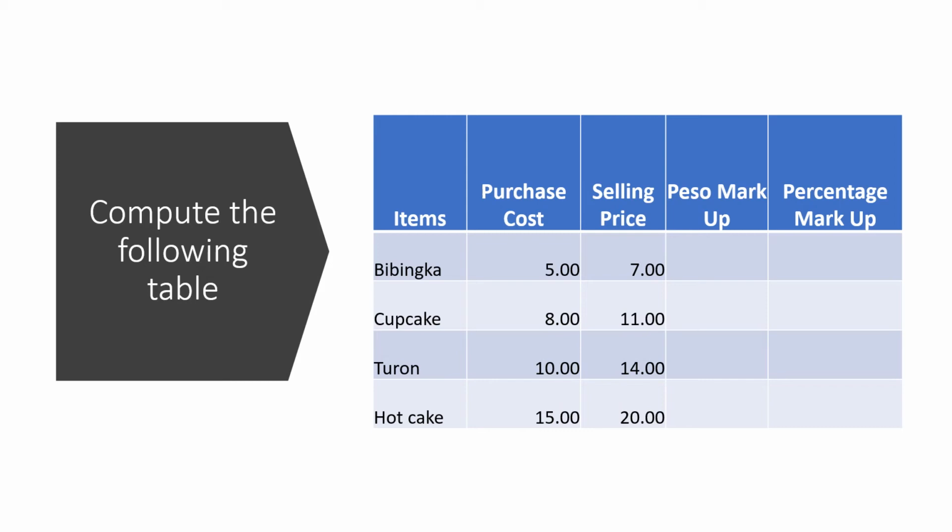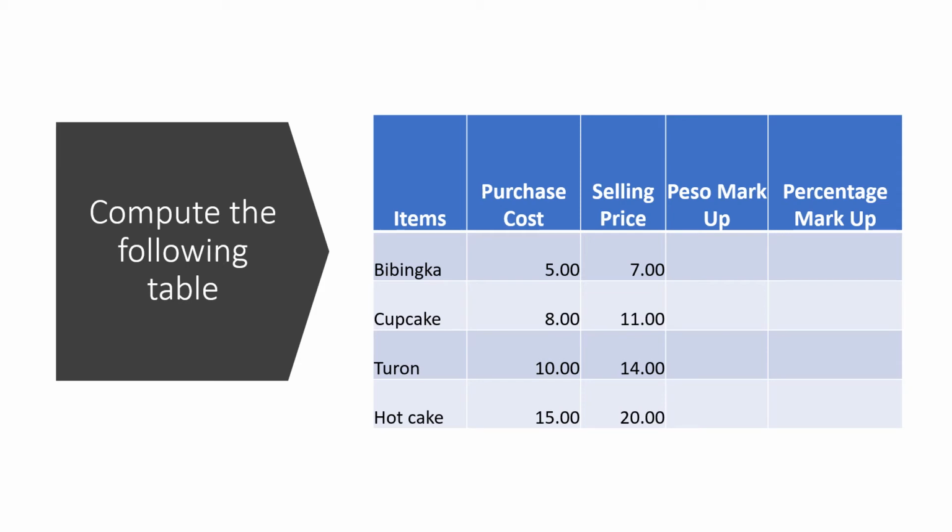Turon, you purchase it for 10 pesos and 15 pesos for hot cake. Next, the selling price of bibingka is 7 pesos, cupcake 11 pesos, turon 14 pesos, and for your hot cake, it's 20 pesos.